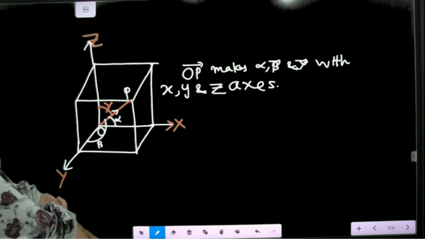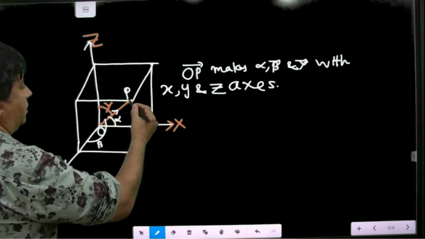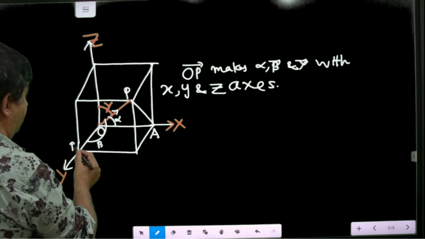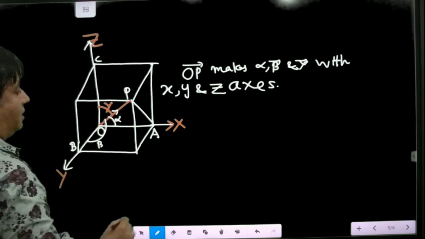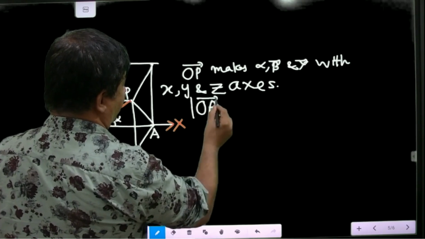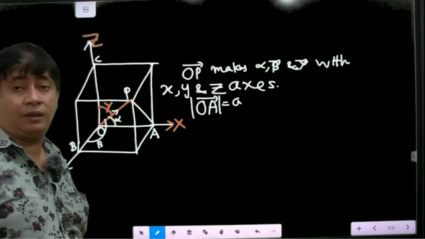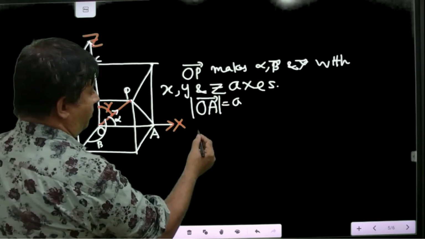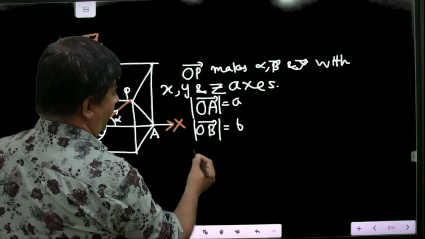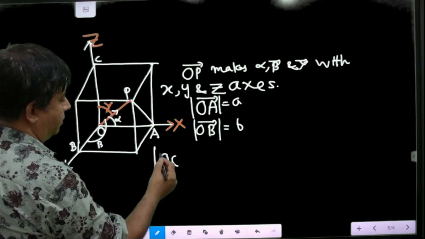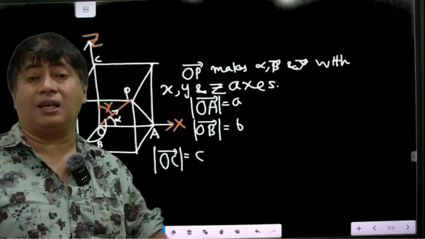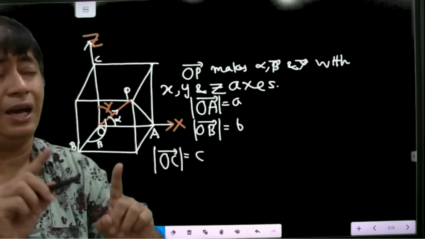Okay. Now you join this. Let us take this point as A, this point as B, this point as C. OA, magnitude is A. OB, magnitude is B. And OC, magnitude is C. Now, cos alpha, we know, is base by hypotenuse.